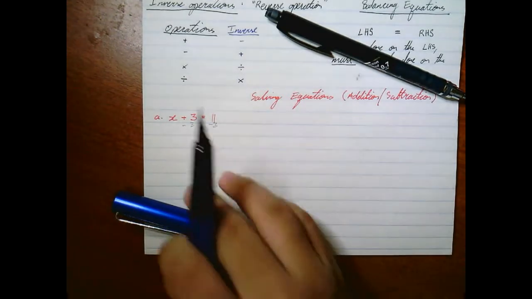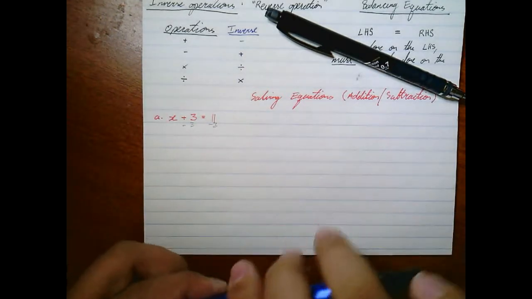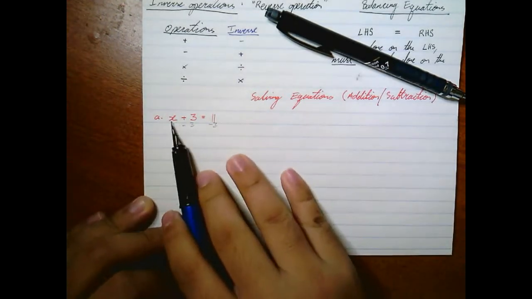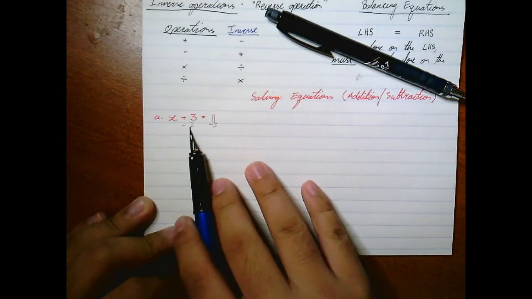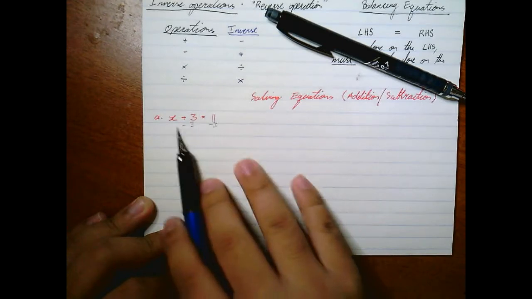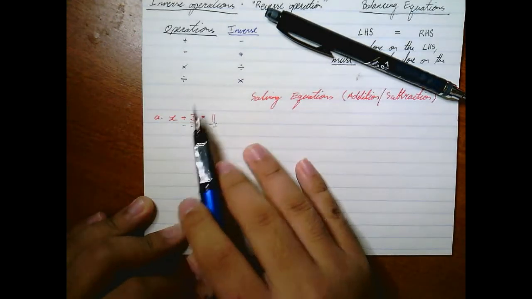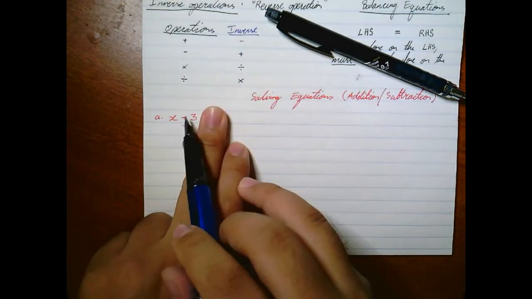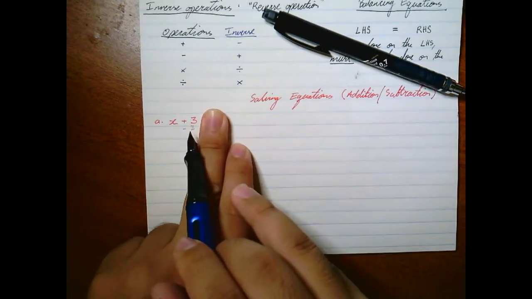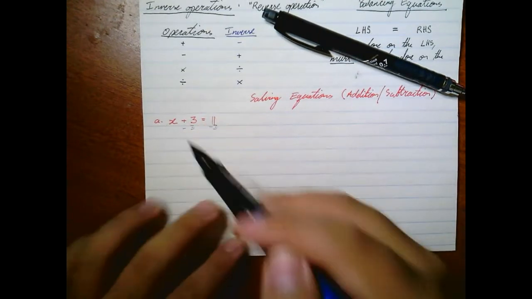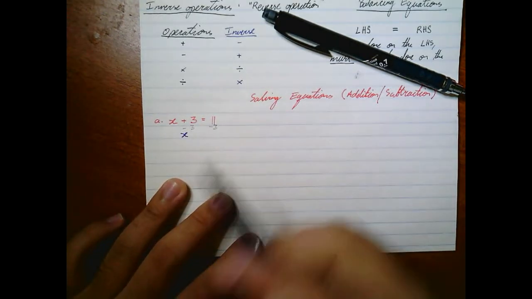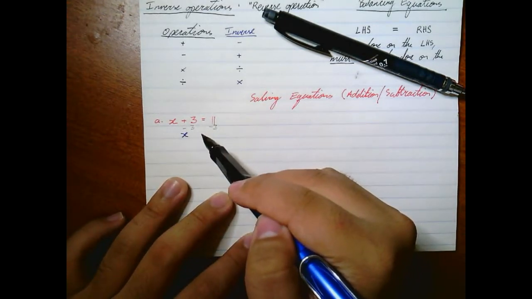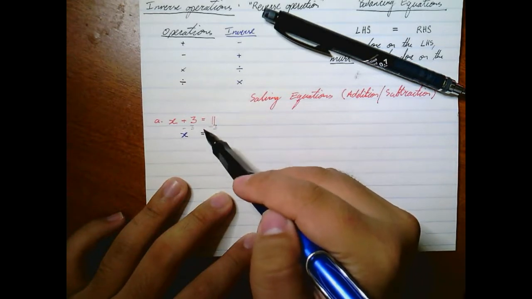Okay, so now what happens is, what is 3 minus 3? Isn't that just 0? So on the left-hand side, since the 3 goes away, we only have x remaining. So I'm just going to rewrite x on the left-hand side here, and the equals sign remains where it is.